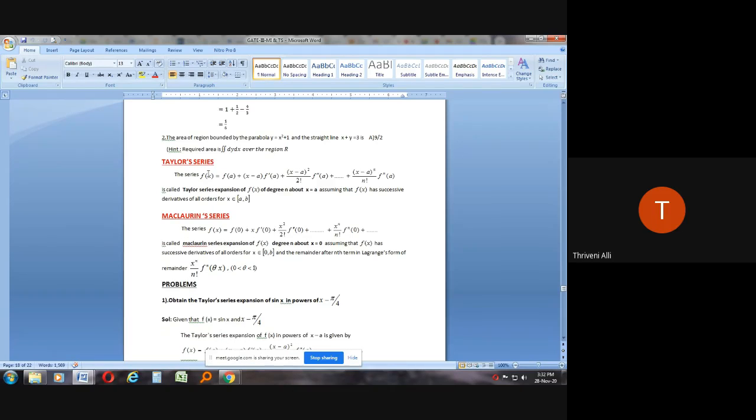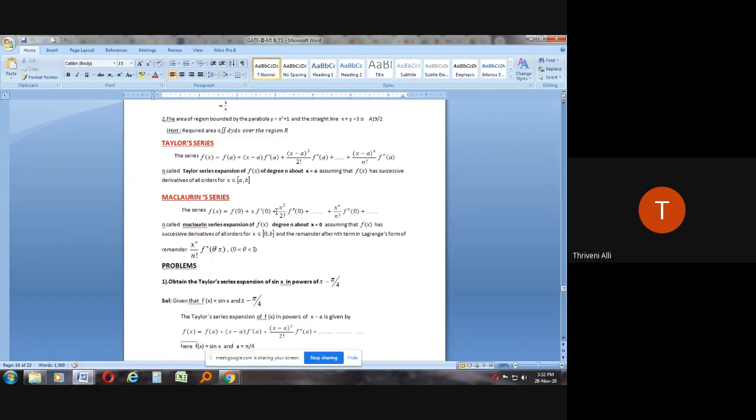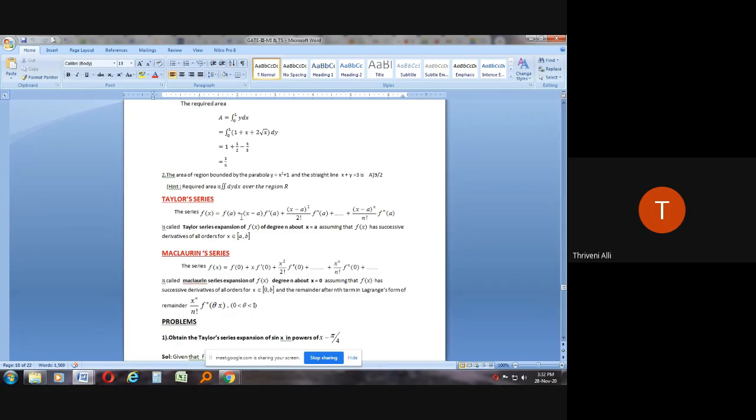Next, Taylor series and Maclaurin series. In the previous classes we discussed Taylor series and Maclaurin series in a single variable. So f of x equals f of a plus x minus a into f dash of a, and so on. You know this. This is a Taylor series expansion of degree n about x equal to a.